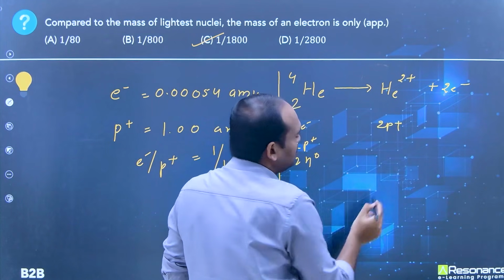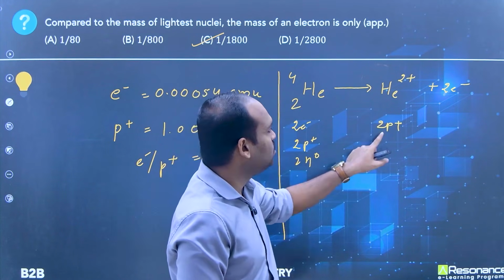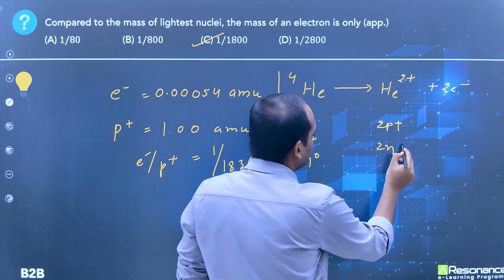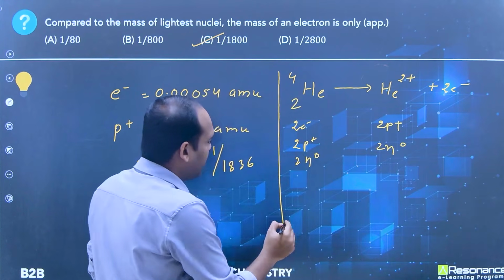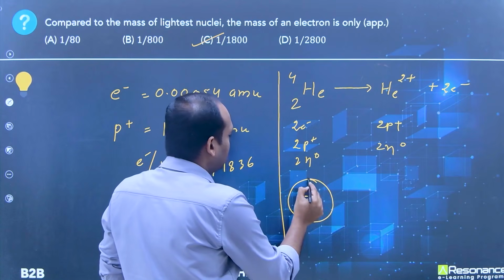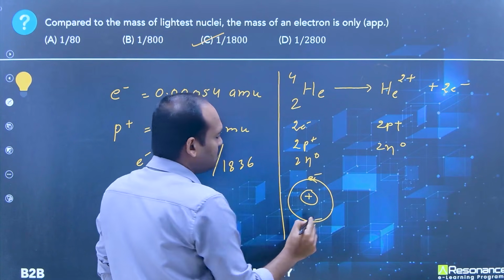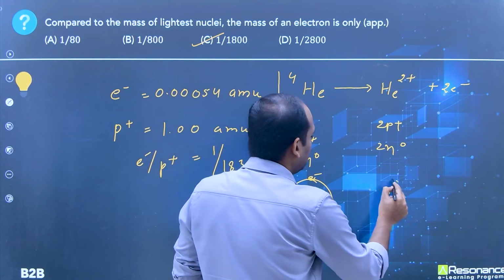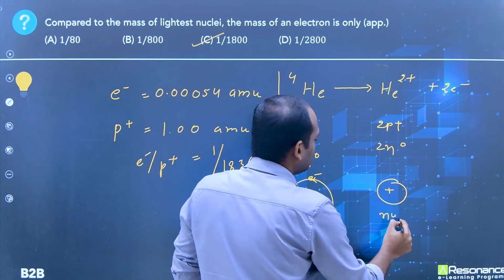Can I say in helium 2 plus, 2 protons and 2 neutrons are present? Now look at the diagram: the nucleus and one shell with 2 electrons. If I remove these, we have only the nucleus.